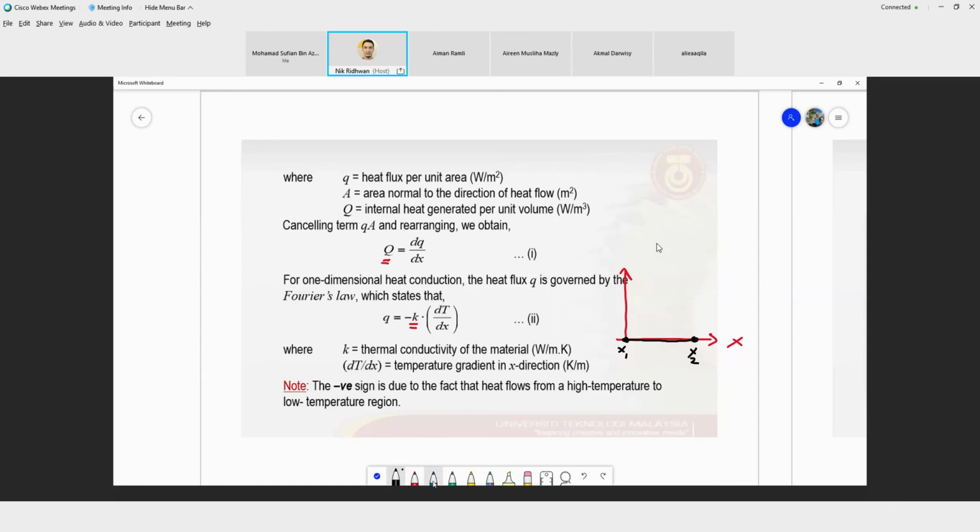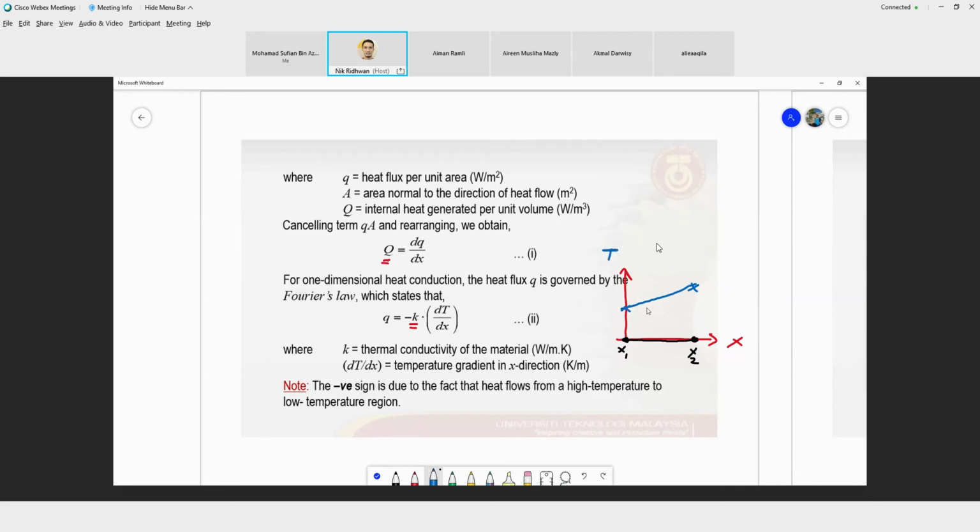Then I know at this particular end of my rod the temperature is about this much, and the temperature here is about this much. Assuming a linear distribution, we can plot the temperature distribution along this bar, or along this segment. So this is the temperature.